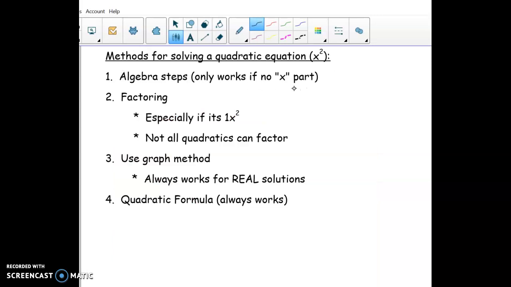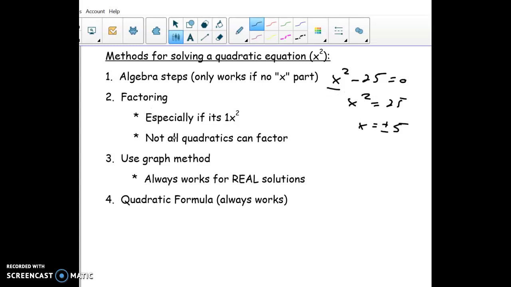So much of this is about solving x squareds, and there are all these different methods. Just as a review, you can do algebra steps. If it has just x squared, say minus 25, you can add 25 to both sides and then take the square root and you get plus or minus 5. That works as long as there's just x squared, not both x squared and x.